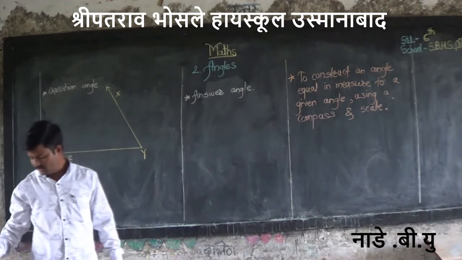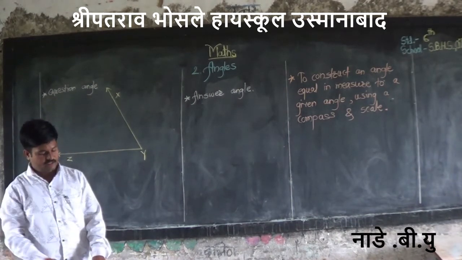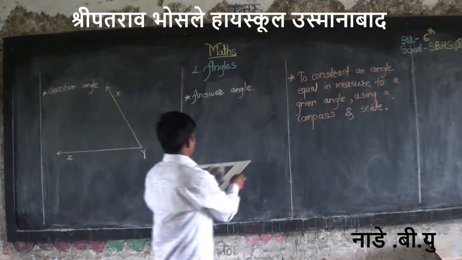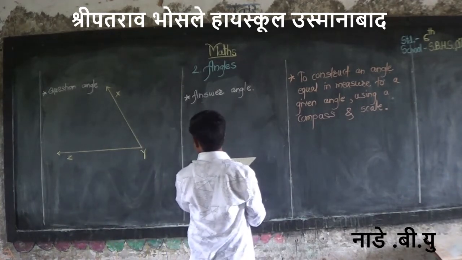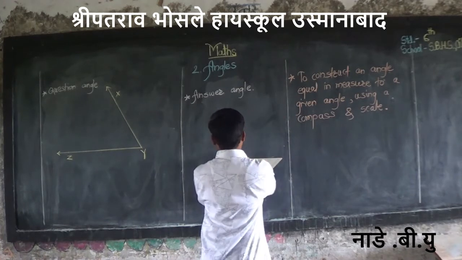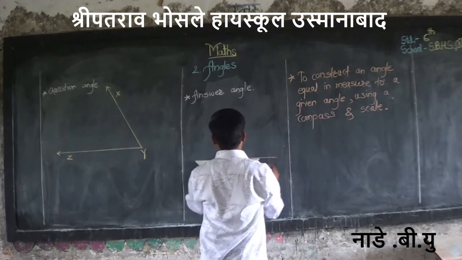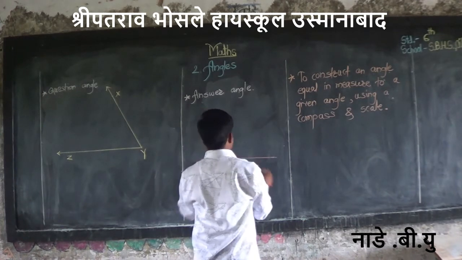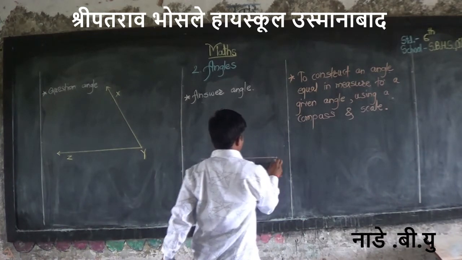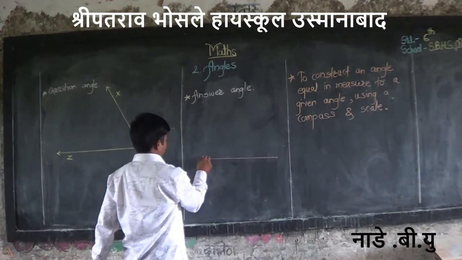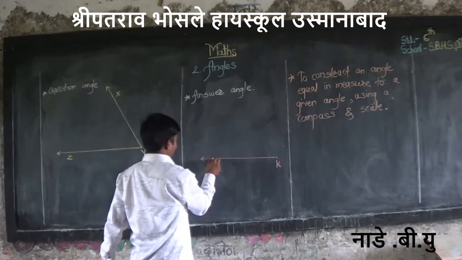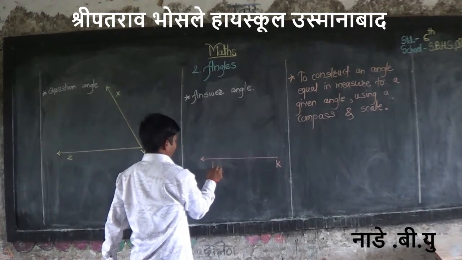Out of the two sides, construct one side. Construct one side of the angle and name it KL.